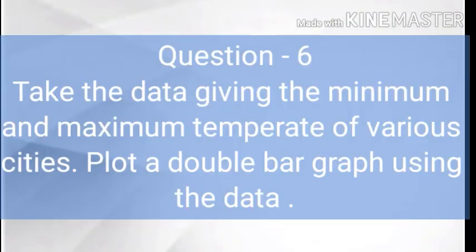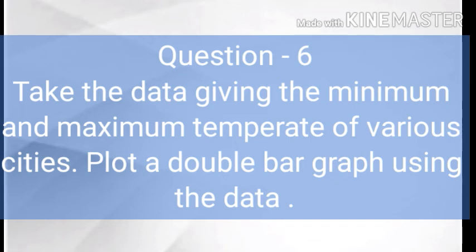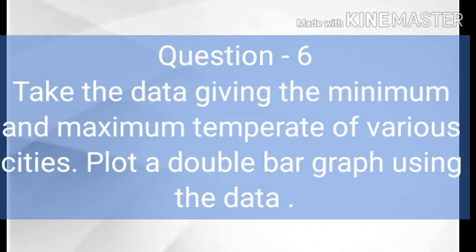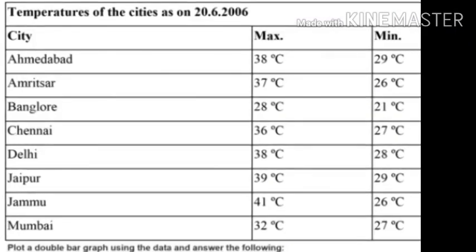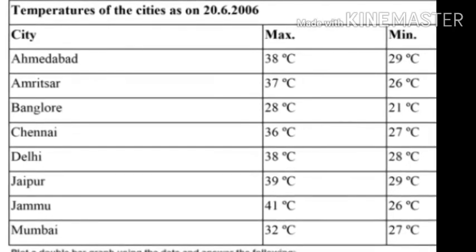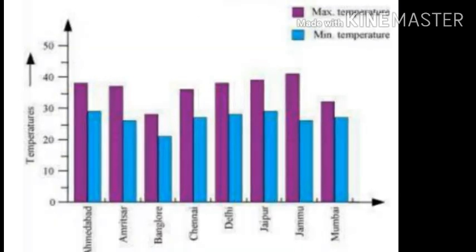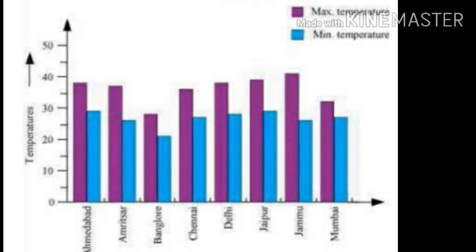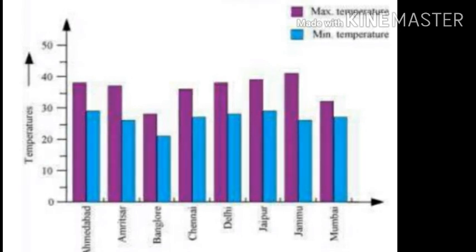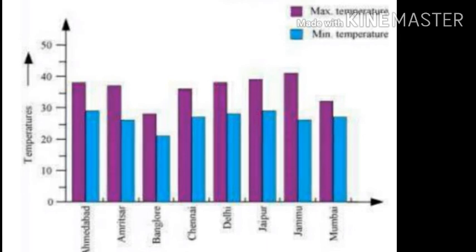Now question number 6. Take the data giving the minimum and maximum temperature of various cities, plot a double bar graph using the data. The maximum and minimum temperature of each city is given in the table. From the table, we draw a double bar graph taking scale 1 centimeter is equal to 10 degree centigrade.